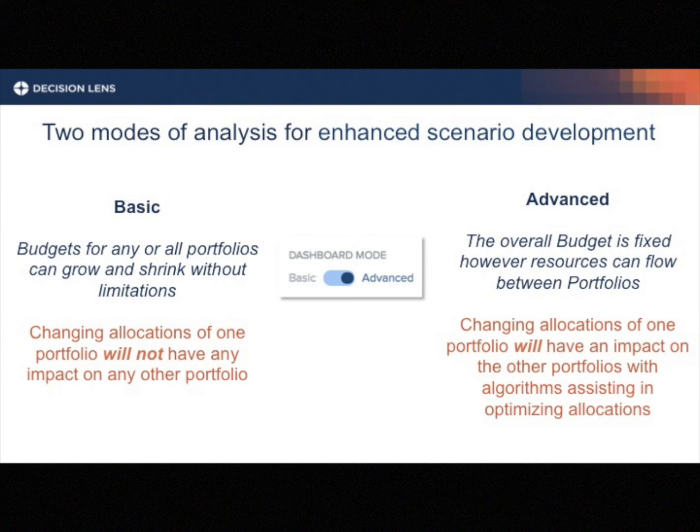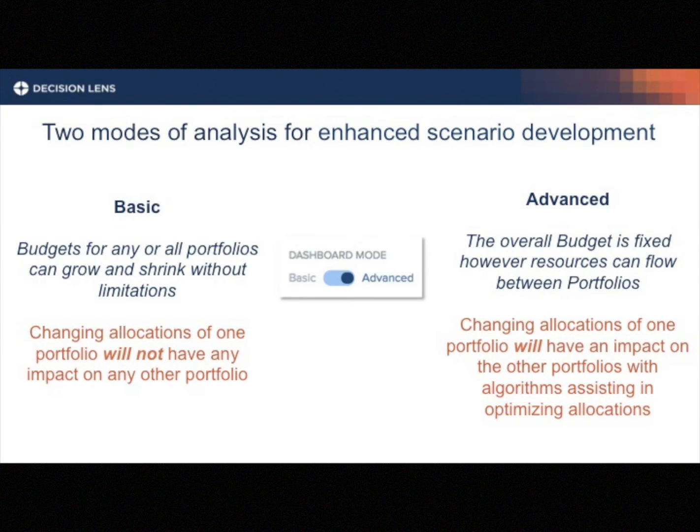A key thing to make sure you understand is that changing allocations of one portfolio in the basic mode is not going to have any impact on any of the other portfolios. It's only going to impact the metrics in that specific portfolio. So if you change the budget slider on the left-hand side for a portfolio, it'll only change the 1, 2, 3, however many metrics you have for that on the right-hand side.